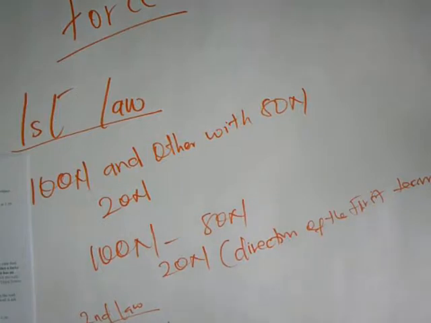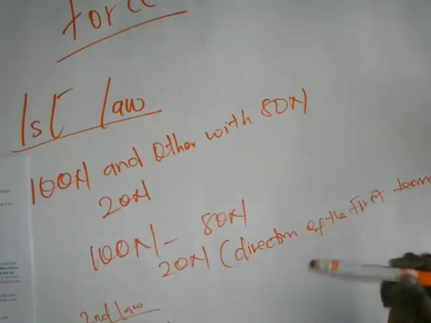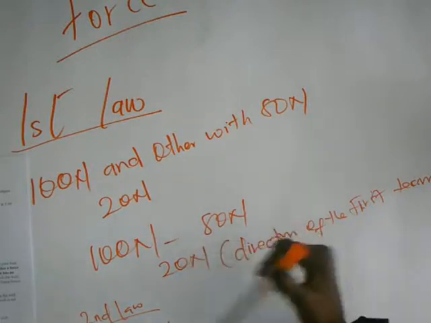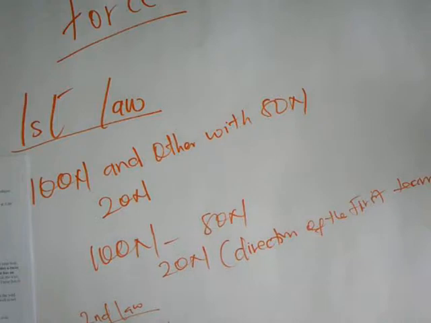And let's move to question 2. If you apply a net force of 1 newton on a book, what is the acceleration of the book? In this case, we have the mass and the force.